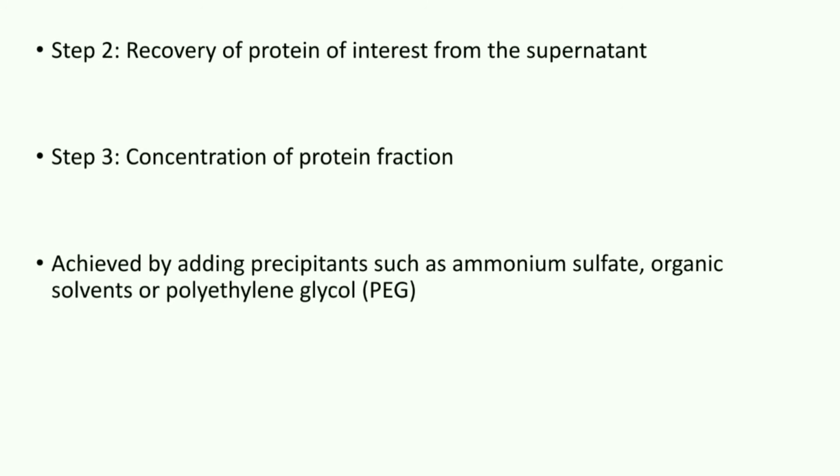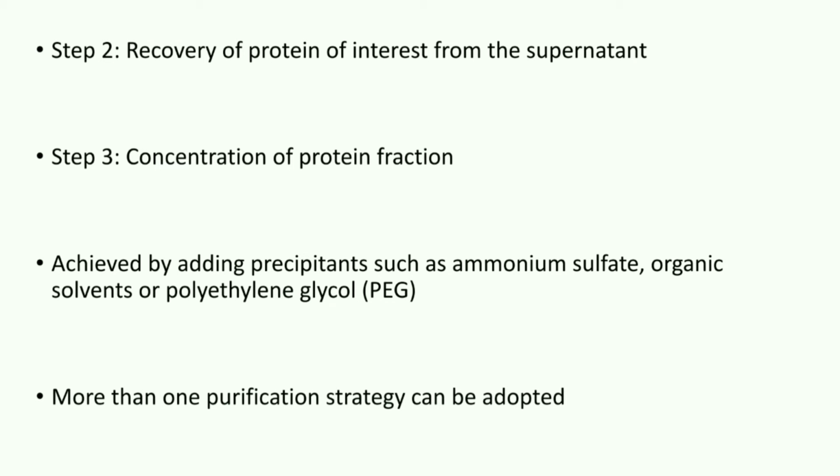One can also use precipitation techniques such as use of precipitants like ammonium sulfate, organic solvents, or polyethylene glycol. The partially pure fraction may then be subjected to one or more purification strategies until purification is achieved. The basic scheme for purification is shown in this slide.